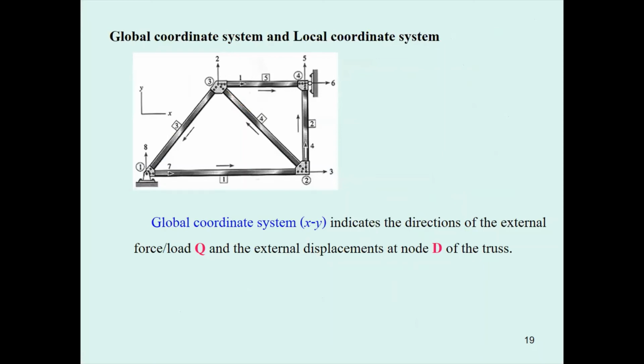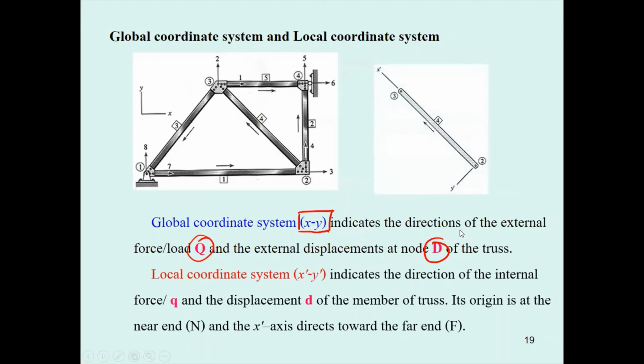So review it again. Global coordinate system. This is the coordinate system for the capital Q and capital D. The final product from this calculation will be assessed on this. And then during the calculation, you have to determine the K matrix.